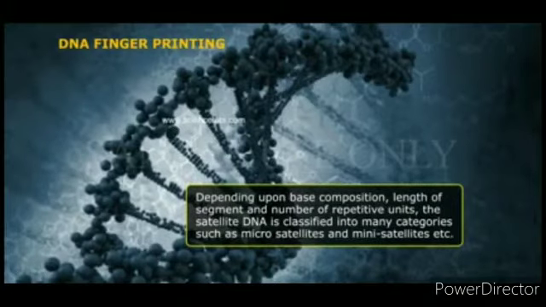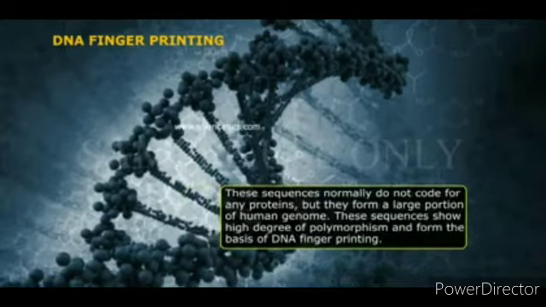Depending on the base composition, the length of segment and number of repetitive units, the satellite DNA is classified into many categories such as microsatellite, minisatellite, etc. These sequences normally do not code for any proteins, but they form a large portion of the human genome. These sequences show a high degree of polymorphism and form the basis of DNA fingerprinting.